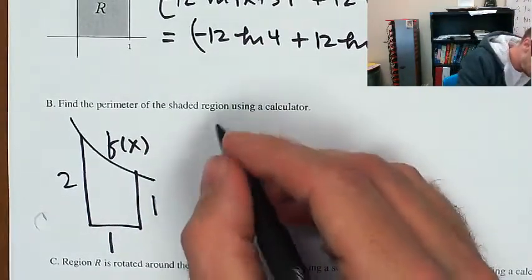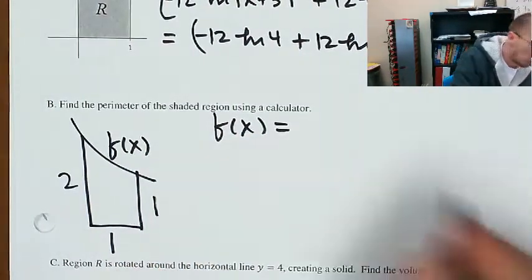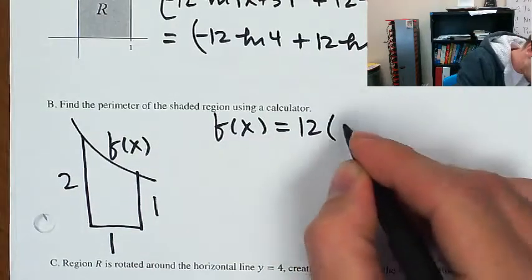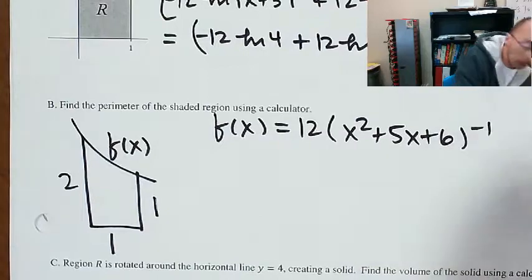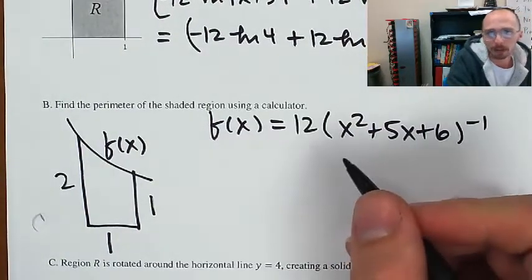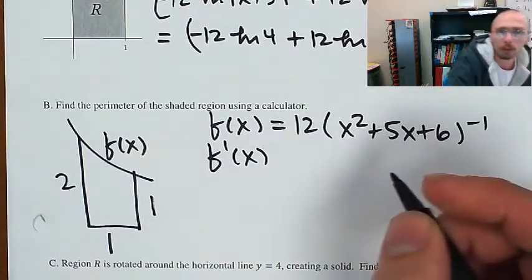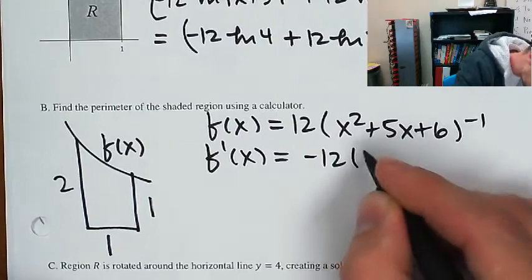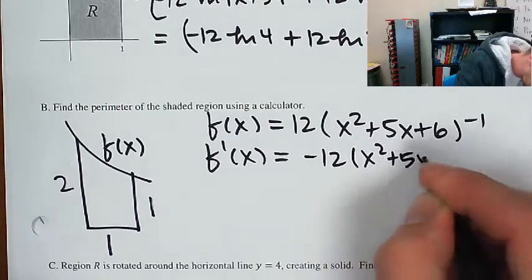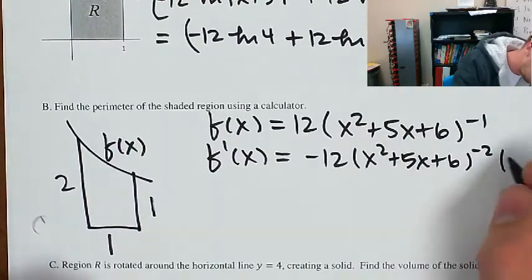Okay. Since f of x equals 12 times x squared plus 5x plus 6 to the negative first power, I'm going to need f prime to run the arc length, right? Because we know it's the integral of the square root of 1 plus dy dx squared. So negative 12 times this to the negative 2 times the derivative of the inside, which is 2x plus 5.